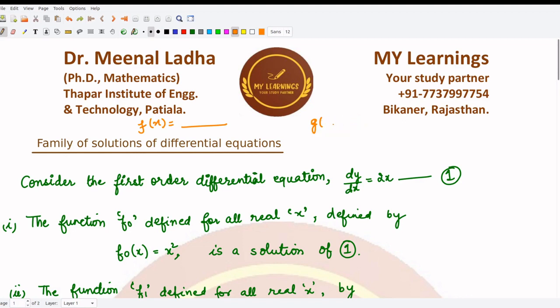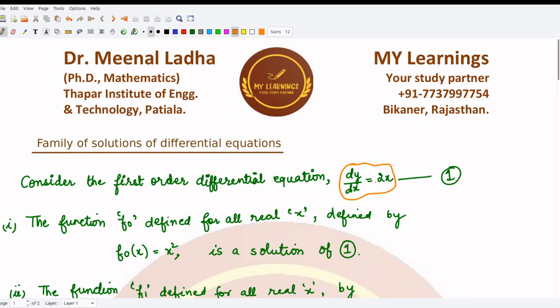So here, when we want to talk about the family of solutions of a differential equation, let's first see this differential equation, which is a first order ordinary differential equation. dy upon dx is equal to 2x, right? This is very easy to solve.